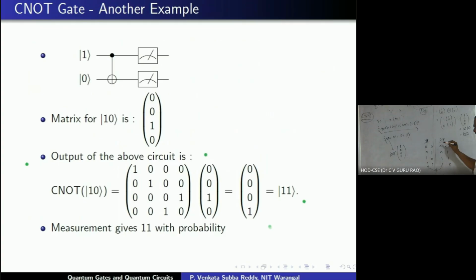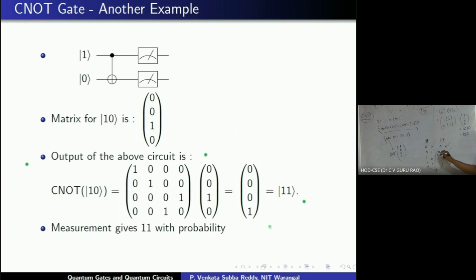Here in the output, whatever is in this column, the same thing you copy. But here it is 0 0, here 1 1. Here 0 1, here 0 is there means 1 is there, 1 is there means 0 is there. Can you see some pattern here? When the first one is 1, the second one is inverted.